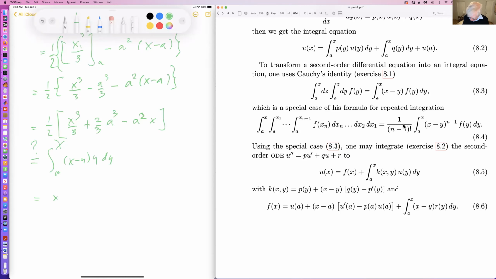That is x y squared over 2 minus y cubed over 3 evaluated at x and a. And so this is x cubed over 2 minus x cubed over 3. I don't think this is working out the way I had hoped.